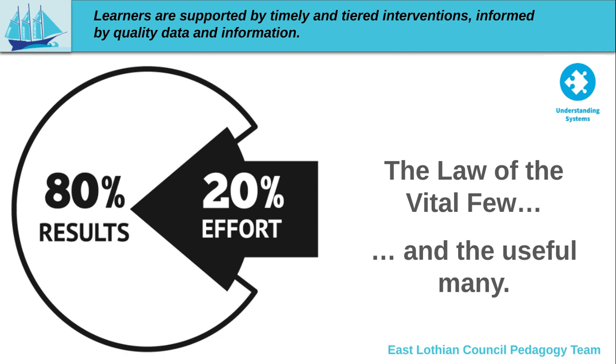So 80% of effects come from 20% of causes, and you can flip that to a quality improvement approach and say that with 20% effort, you can effect change in 80% of issues.